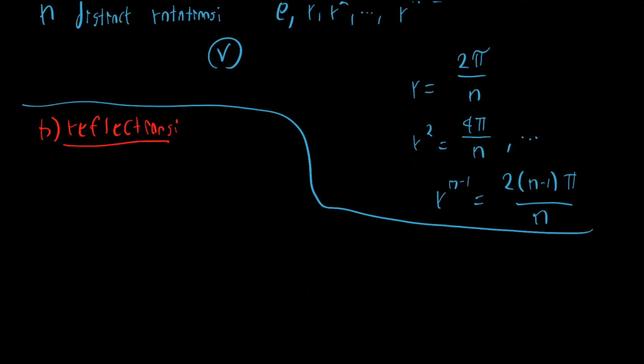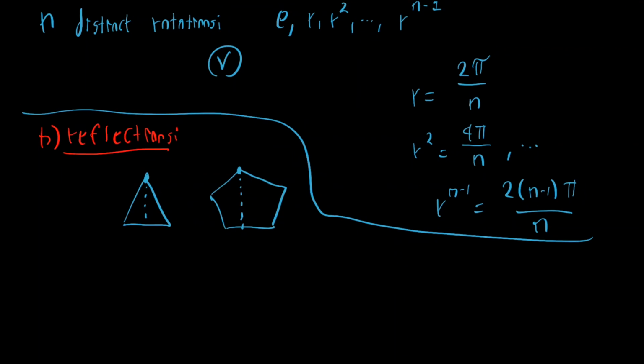Before, if you remember, we mentioned that for our triangle, and this is also true, for example, for the pentagon, the lines with respect to which we performed our reflections passed through a vertex, around which we would reflect all the other ones, and the midpoint of the opposite edge.